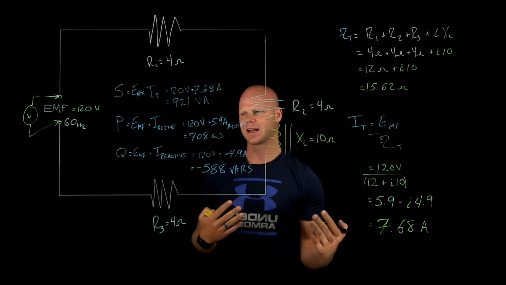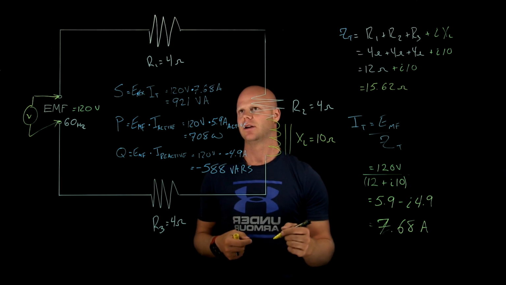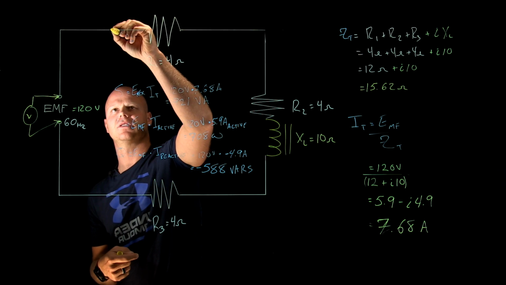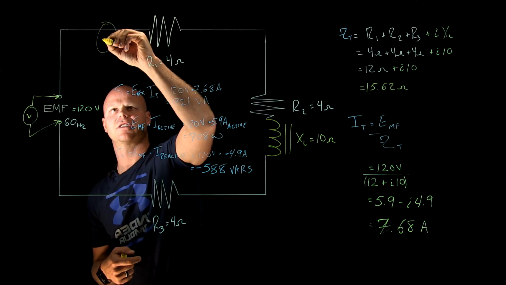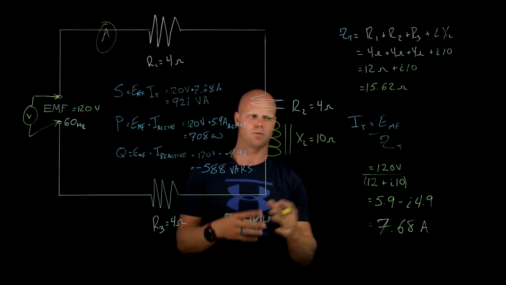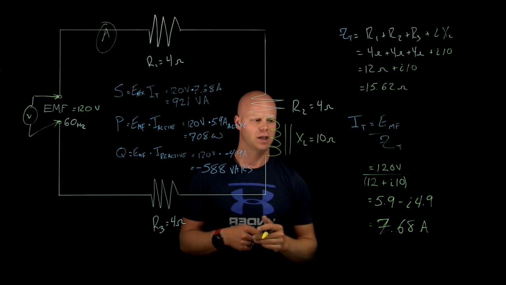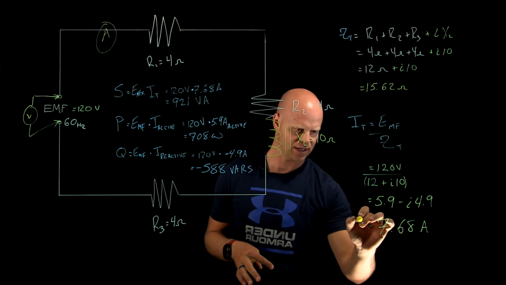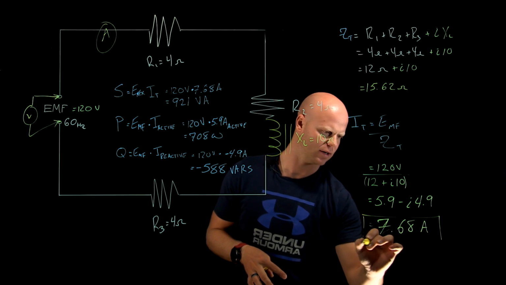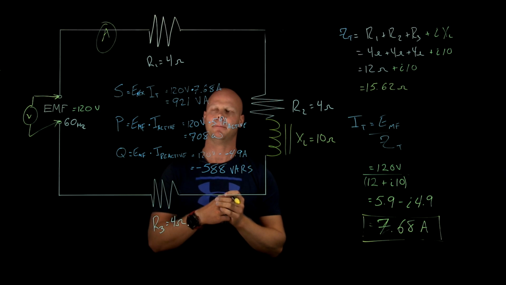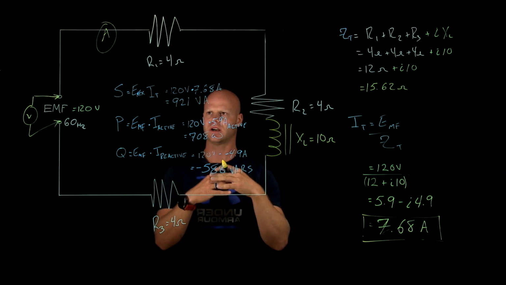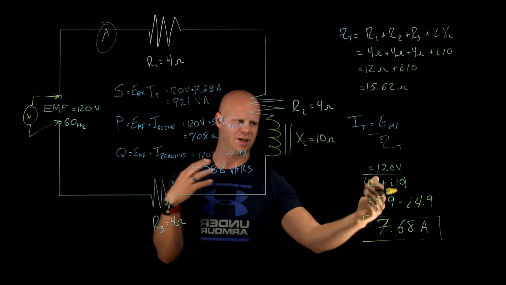The biggest question I get asked is about current. If I take a clamp-on ammeter and try to measure a value of current right there, which one is actually going to show up? It is going to be this total value of current, because that ammeter is calibrated in a way that it won't distinguish between active and reactive.